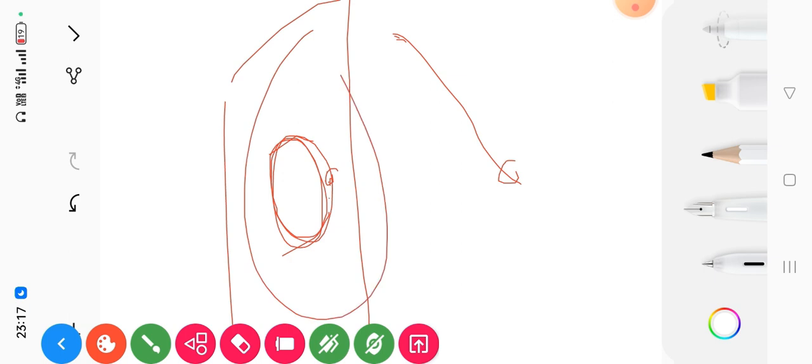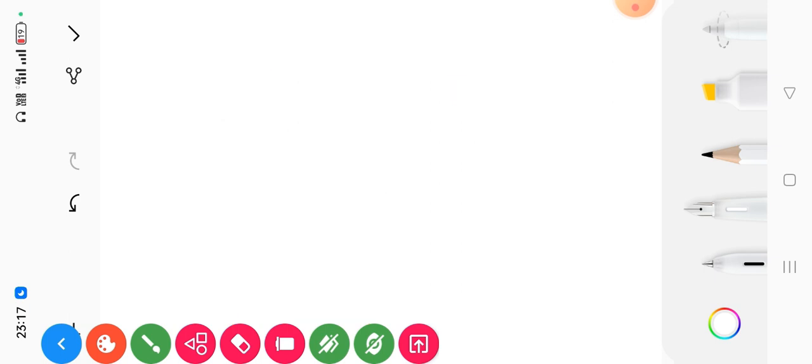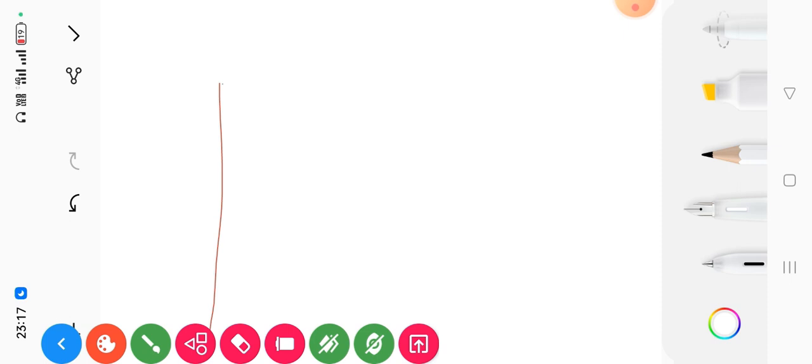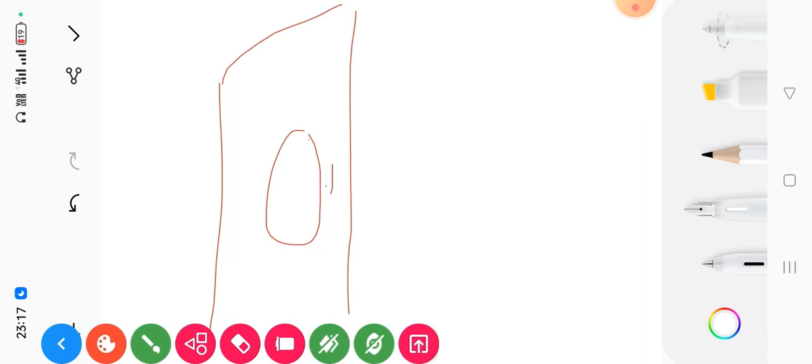What I'm trying to suggest here is, when I am very close to the infinite sheet of charge, what is happening? Only the charges in the field of view of this point matter.